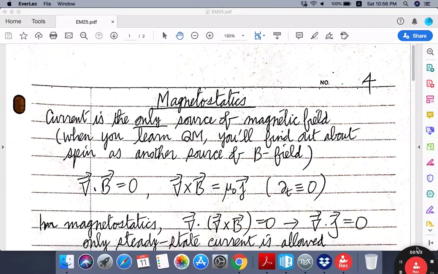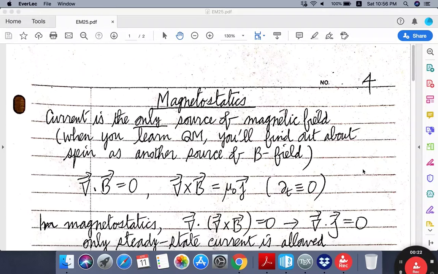Okay, so from now on, we're gonna embark on the study of magnetostatics. This is the field where one considers the behavior of the magnetic field due to a steady current, steady state current.